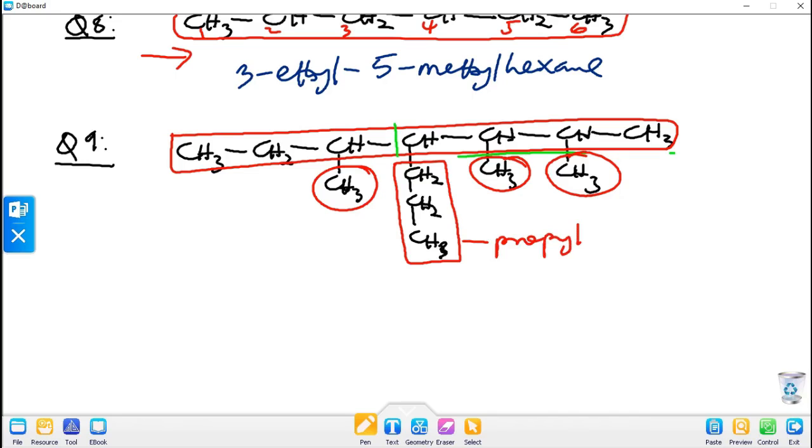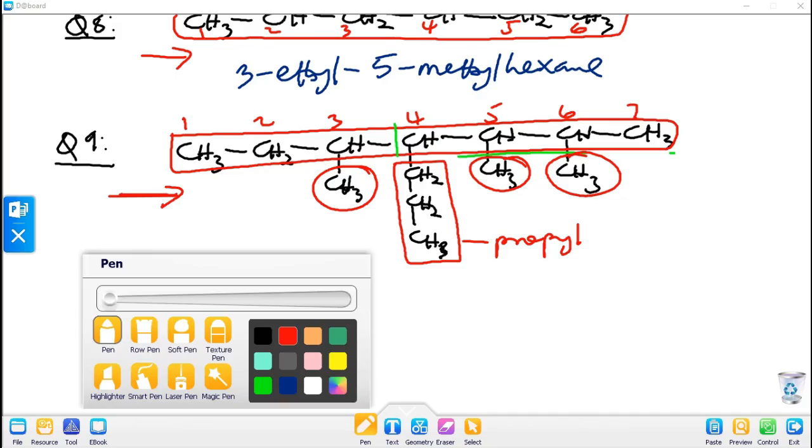So where do we take our numbering scheme from? From the left or from the right? If we choose to take our numbering scheme from the left, this will be carbon 1, 2, 3, 4, 5, 6, and 7. But if we choose to come from the right-hand side, what will be our numbering scheme?